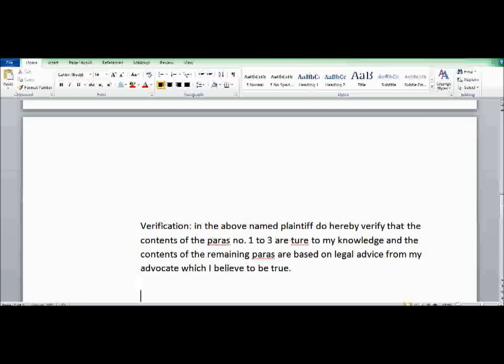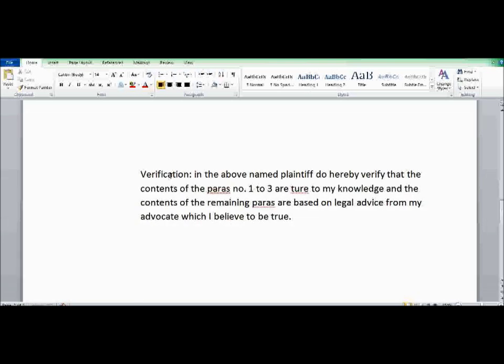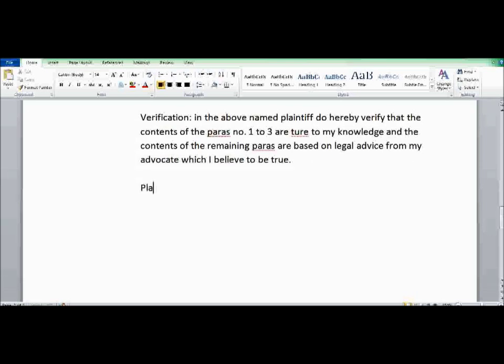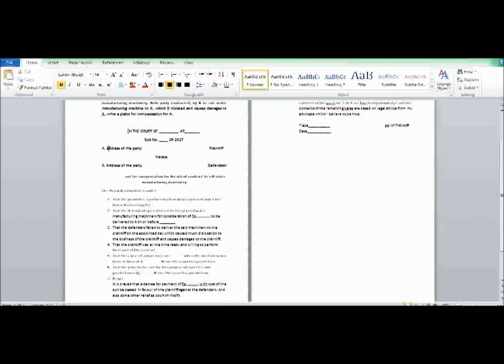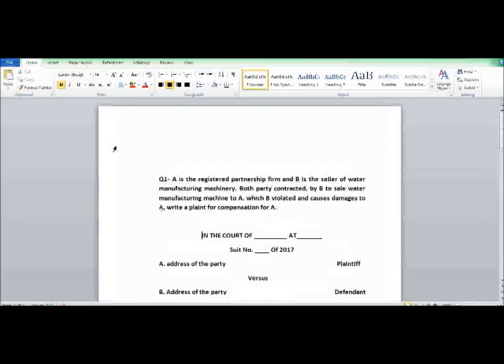So again on the left side we will write place, then date, and signature of the plaintiff. We have just completed our plaint.